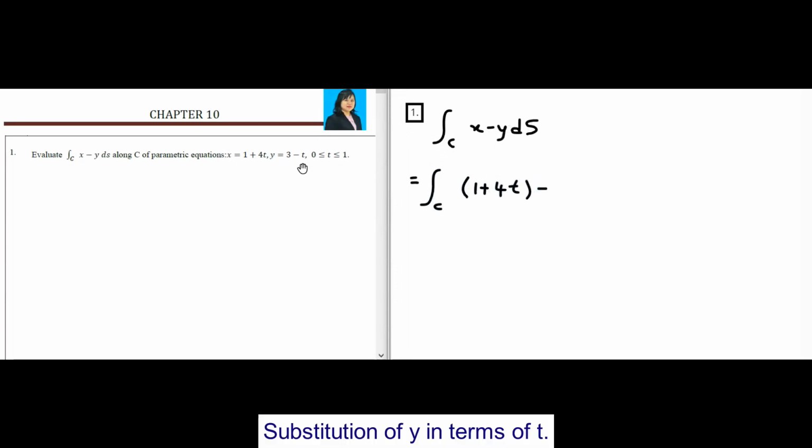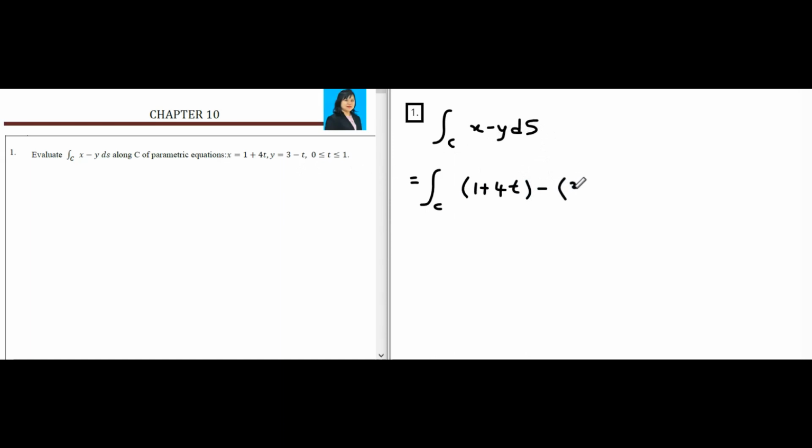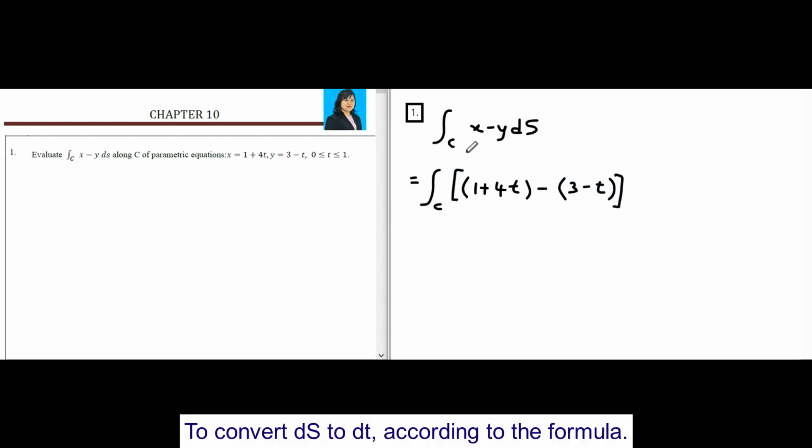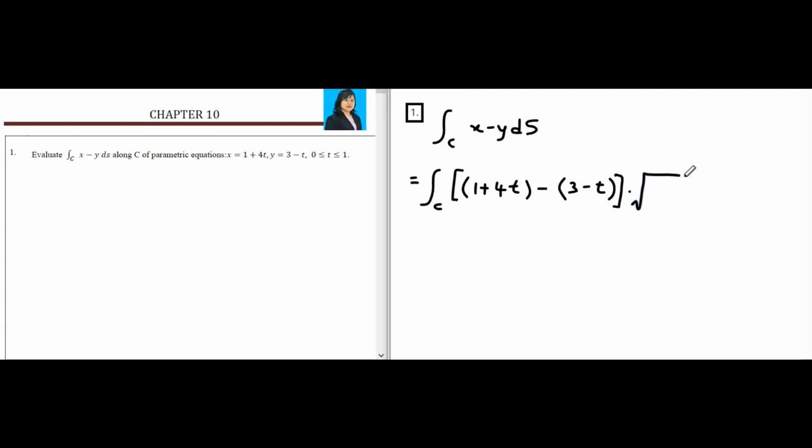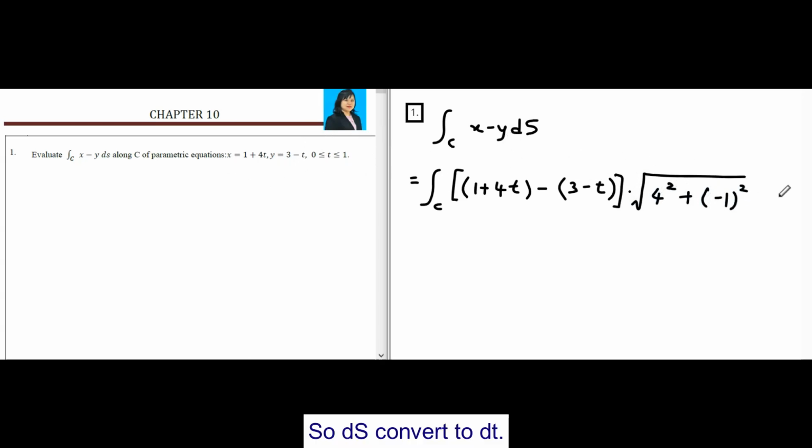Substitution of y in terms of t. To convert ds to dt, according to the formula, differentiate the x, differentiate the y, so ds converts to dt.